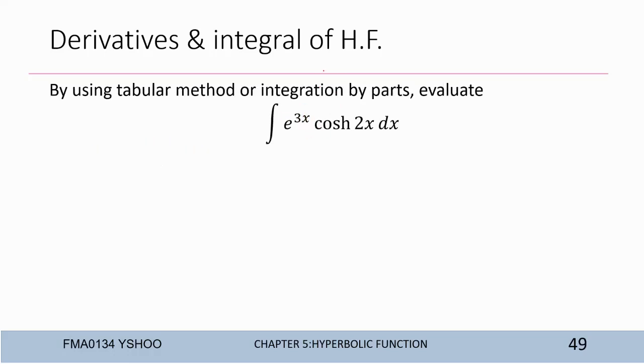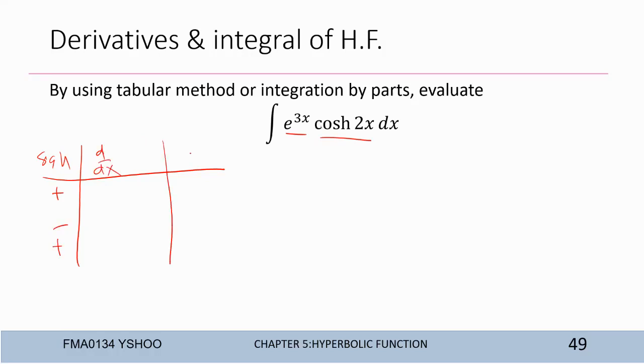So how about when you have something which is not a polynomial? Same thing, the signs are positive, negative, positive, and then you choose d over dx for one and integral for the other. It doesn't matter which one you choose. I put e^3x here and cos 2x here.